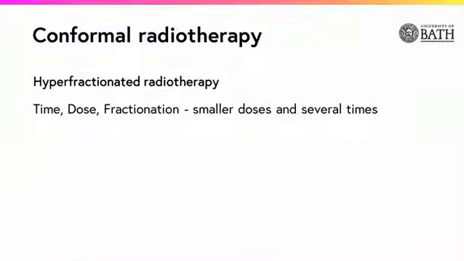Another way of using conformal radiotherapy is fractionating the doses. Usually radiation is never given in one single dose. Hyperfractionated radiotherapy gives multiple doses of radiation, smaller doses, but lots of them over a period of time.